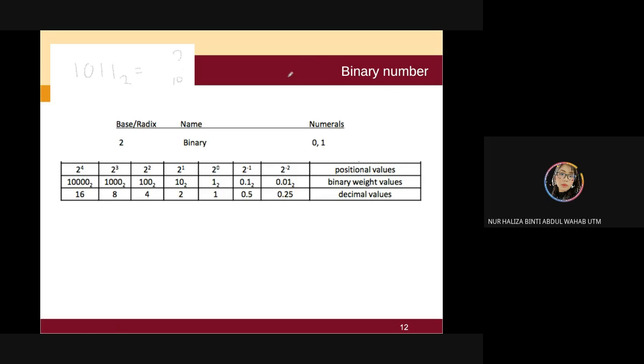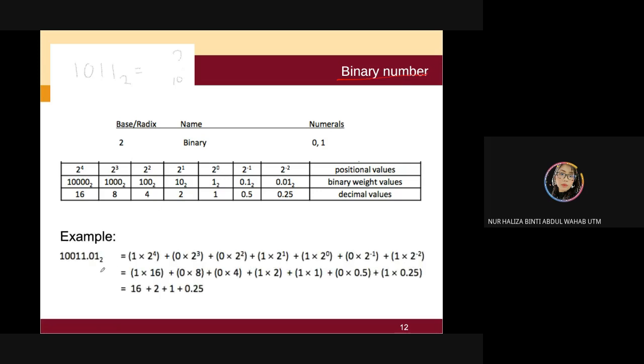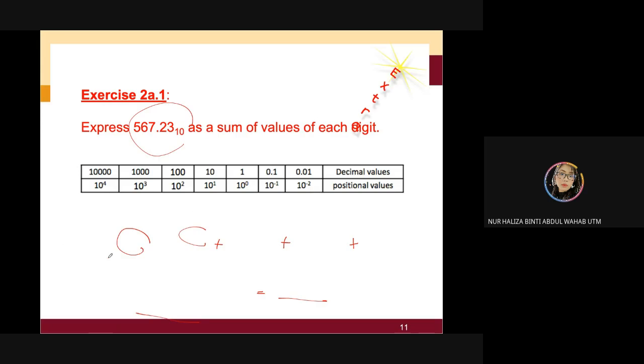So before you can convert, you need to know how to represent the base binary number. Let's say you have an example of this value.